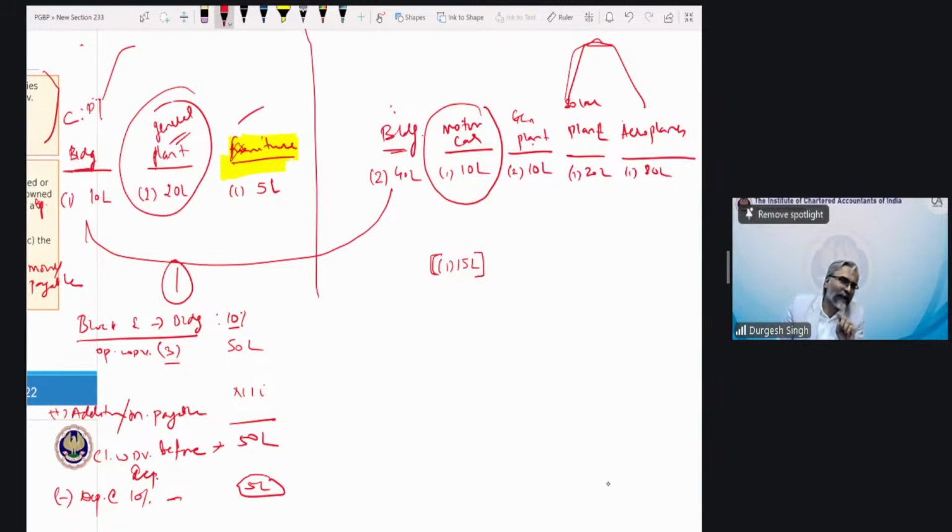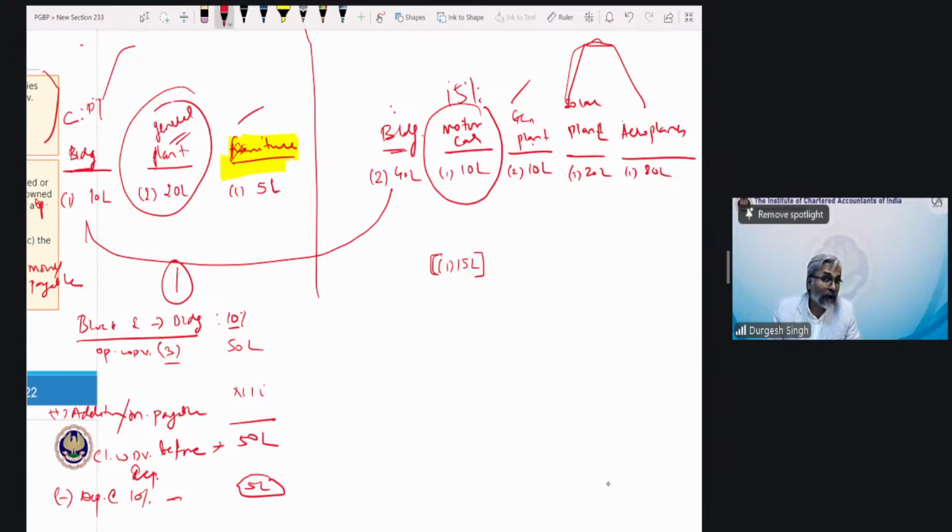So tell me, motor car falls under which category? The general category of plant, and therefore this also is under general category. So this is 15%. For Ola Uber company, students, if they also have a fleet of motor cars, and Reliance Industries also have a fleet of motor cars, at what rate would depreciation be given to Reliance, and at what rate to Ola Uber?